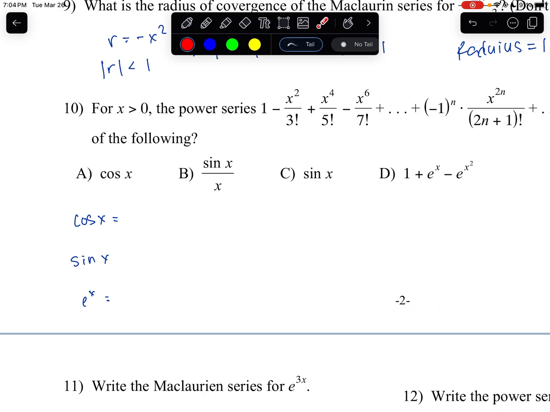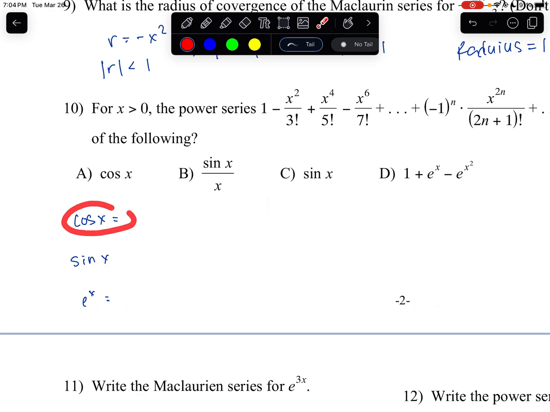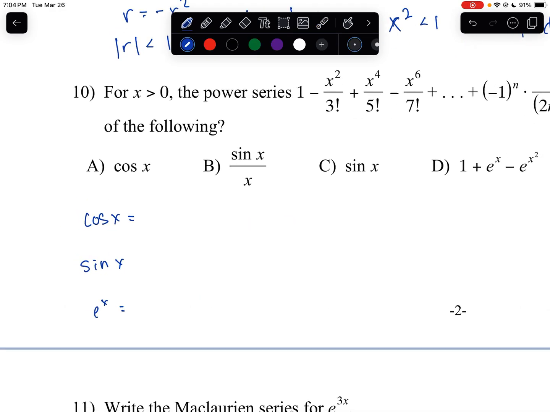Cosine of x is an even function. Sine of x is an odd function. Cosine of x is symmetrical about the y-axis. Sine of x is not. So I use all terms of the polynomial with even degrees.